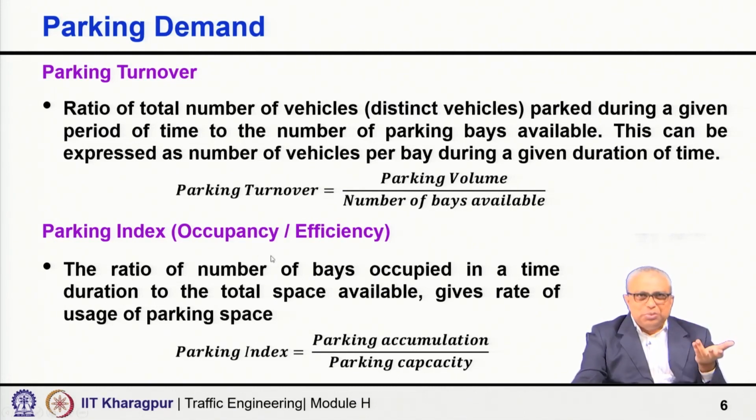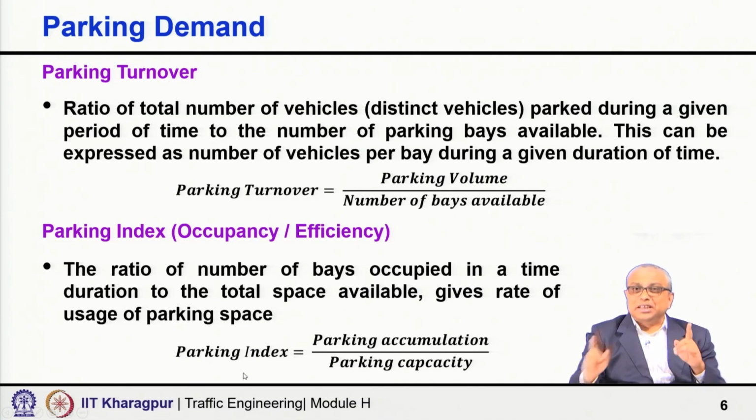Next, going to the parking index, you can call it occupancy or efficiency. It is the ratio of the number of bays occupied at a given time, at an instant of time, to the space available, that gives the rate of usage of parking space.